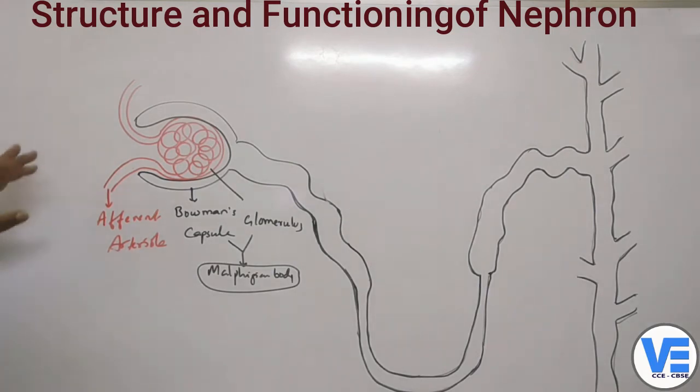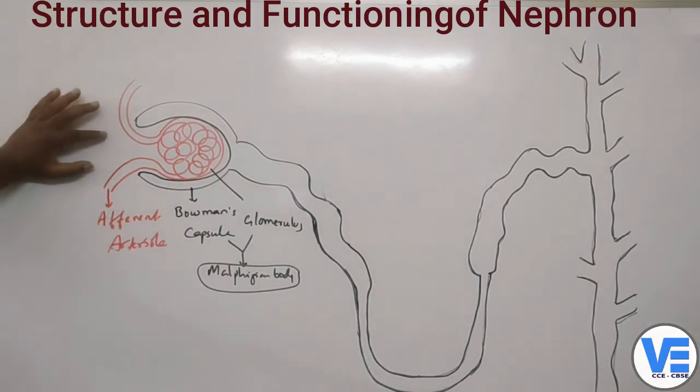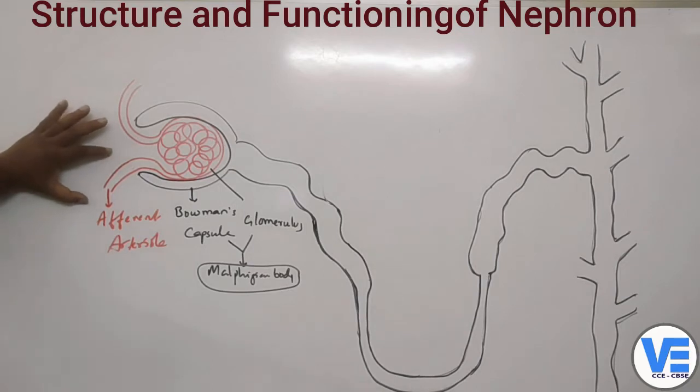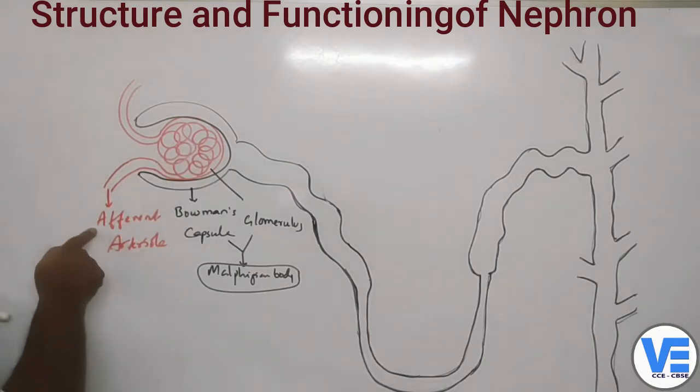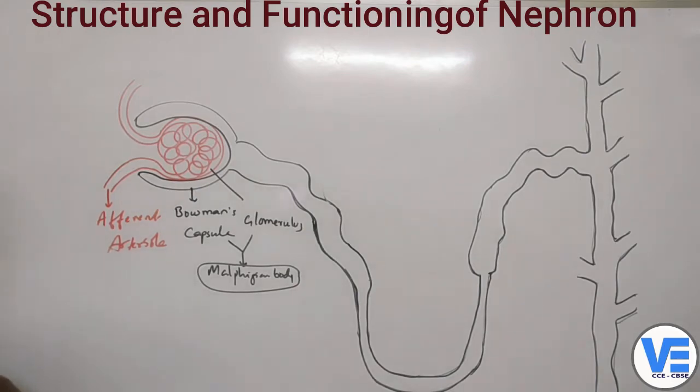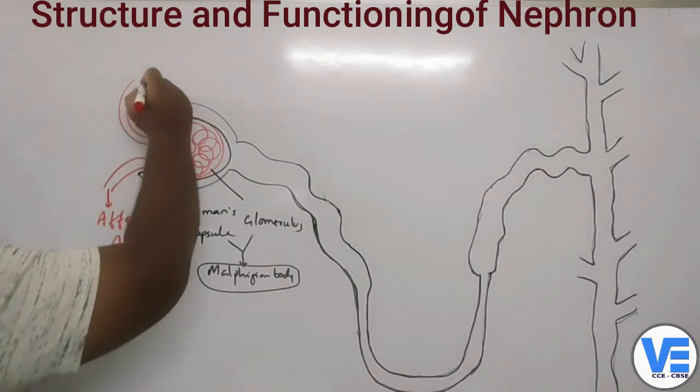Okay, children, now coming to the very important part. That is the glomerulus. You can see here, this is the afferent arteriole and the other one is the efferent arteriole.